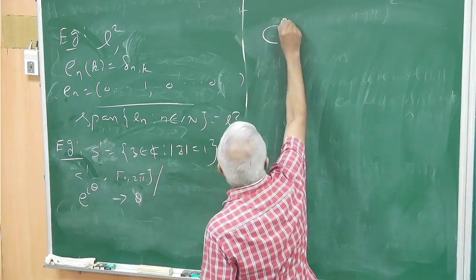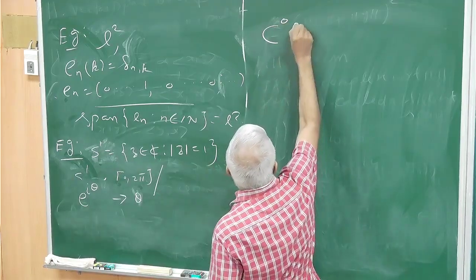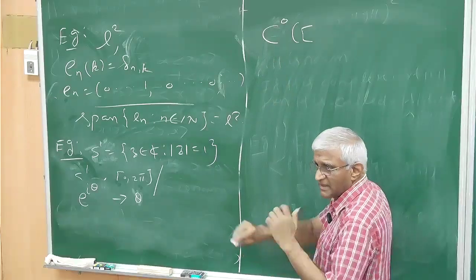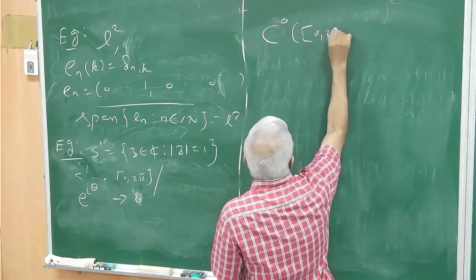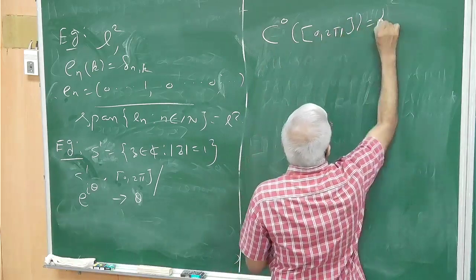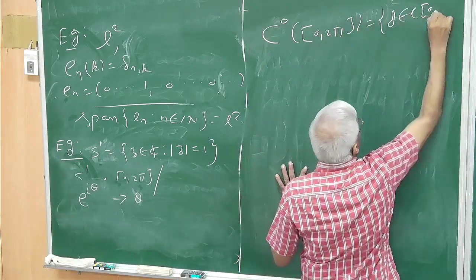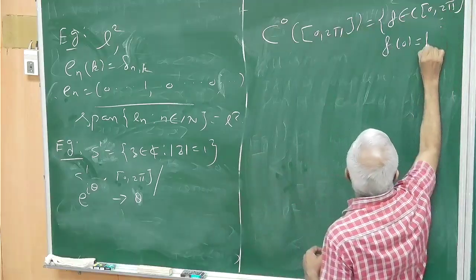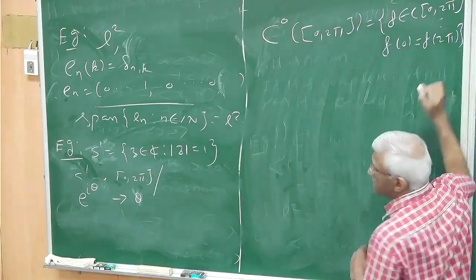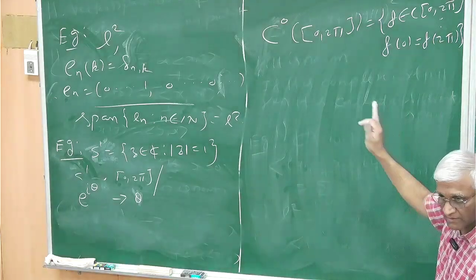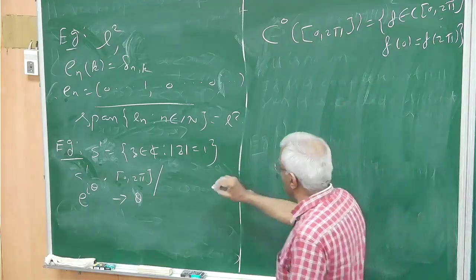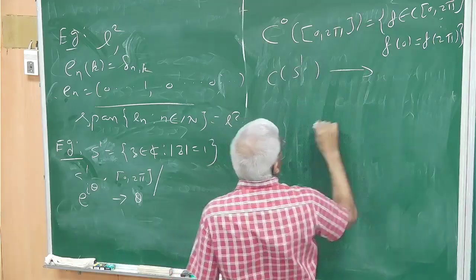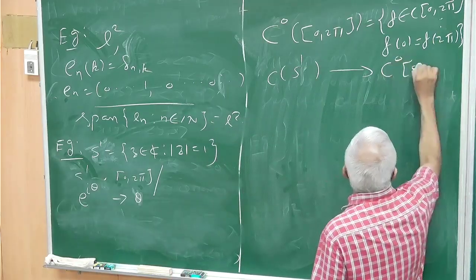Let's call this new notation C0 of 0 to 2 pi: all continuous functions f which coincide on the endpoints, f of 0 equal to f of 2 pi. I take all continuous functions which satisfy this. Then C of S1 goes to C0 of 0 to 2 pi.